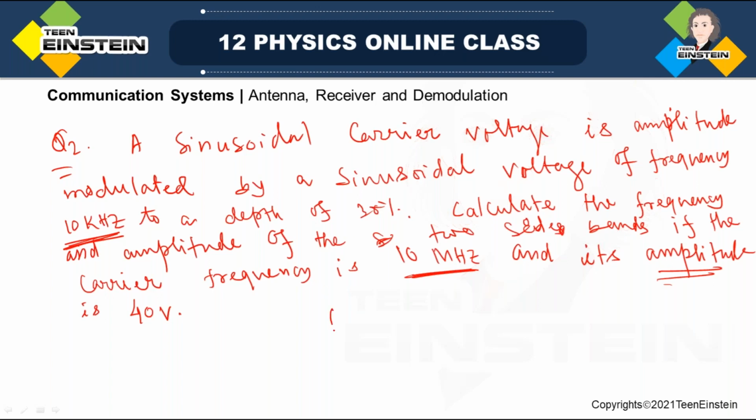That means FM is 10 kilohertz, that means you have 0.01 megahertz.